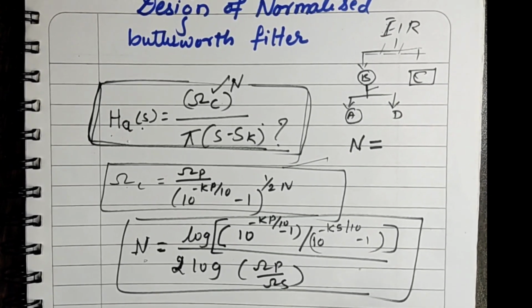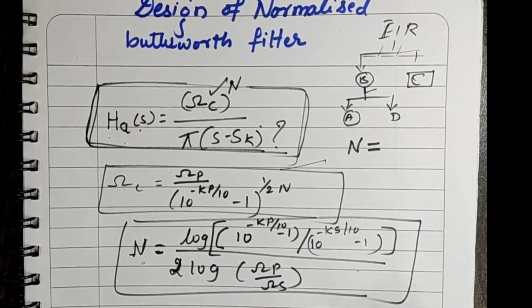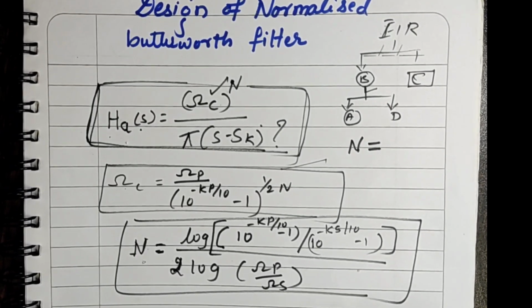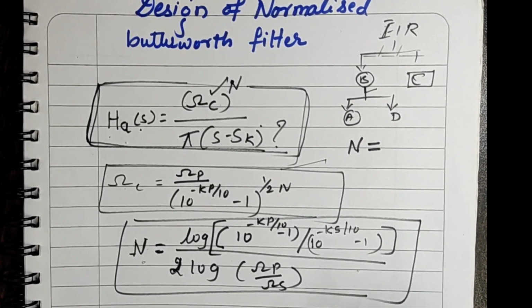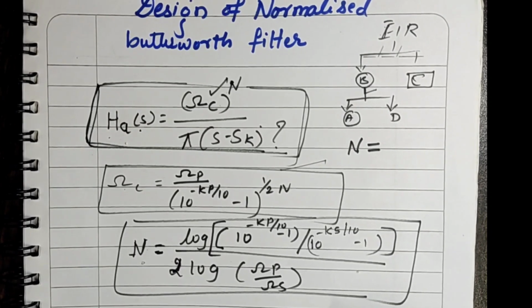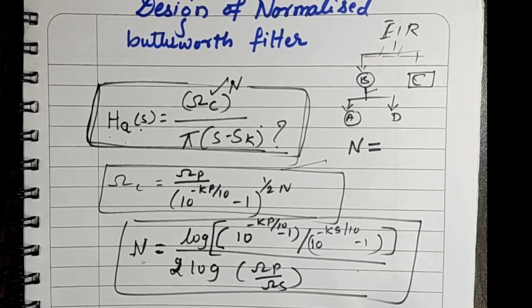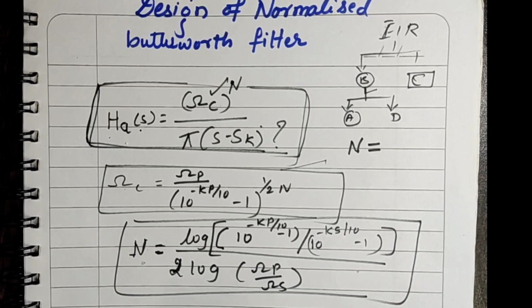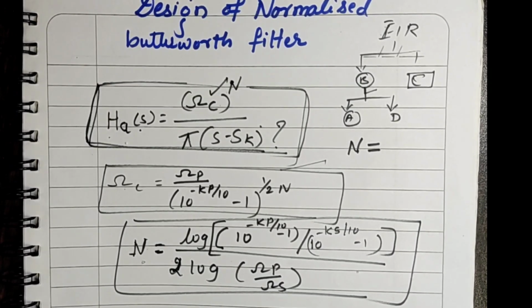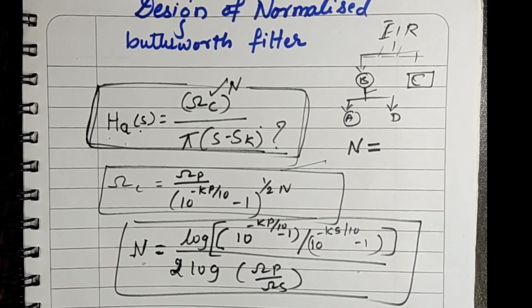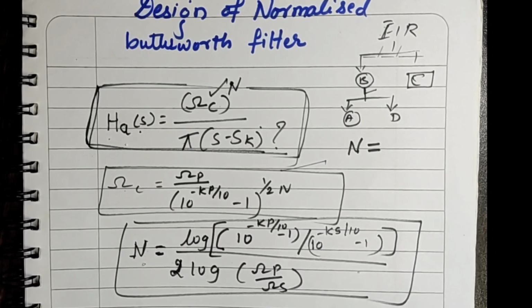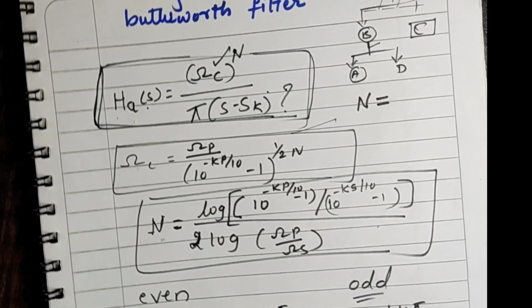Whereas when n is odd, for example 3, 5, 7 and so on, the poles sk will be equal to 1 at an angle k pi by n, where k is 0, 1, 2, 3 up to 2n minus 1.